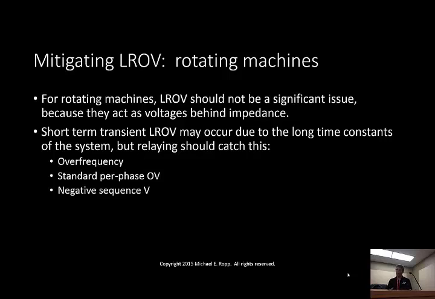But when that happens, the level of LROV is going to be very limited, again, by the fact that the generator is acting as a voltage behind impedance. So here's a case where this really physics-dominated generator is actually a big advantage for us. LROV should not be a significant issue. And I mentioned this before, that there's a lot of standard relaying that should be able to catch this. Frequency relaying, negative sequence relaying, standard overvoltage relaying, any of those should catch this and pop it off.